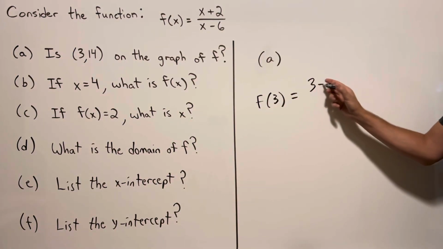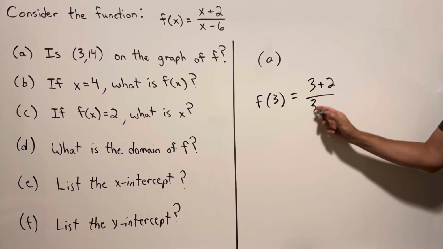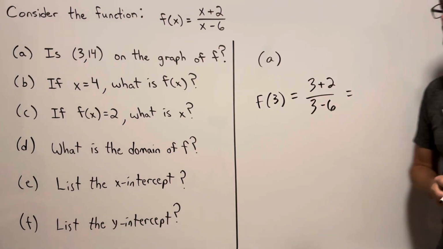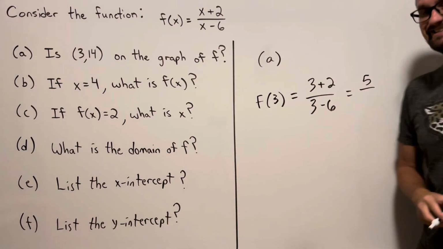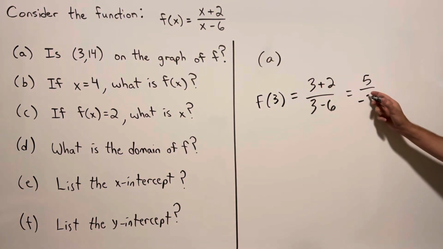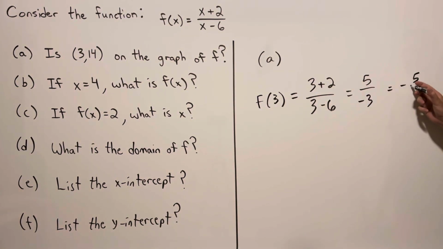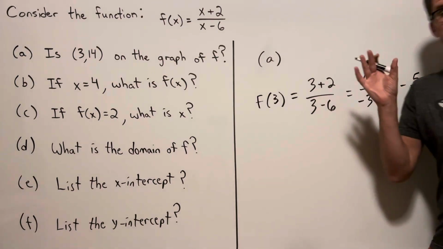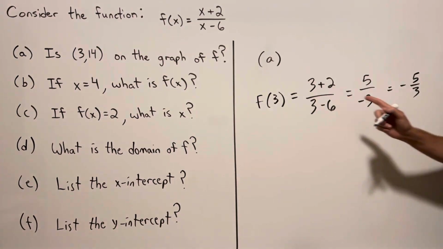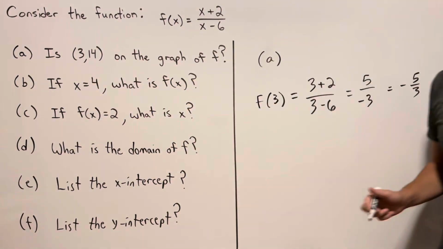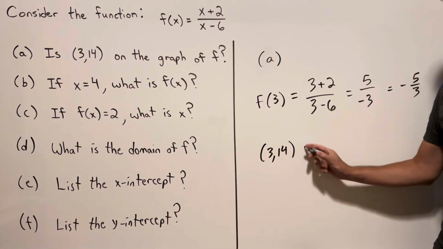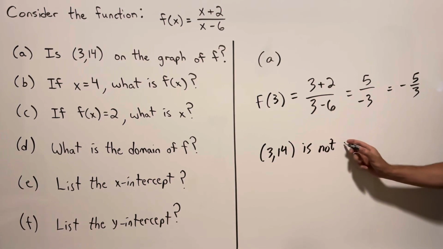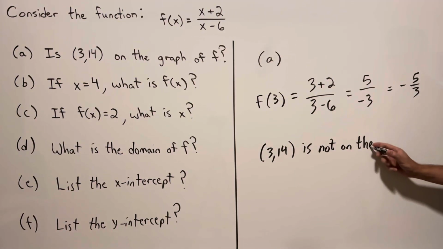So we have 3 plus 2 over 3 minus 6. Let's simplify this. 3 plus 2 is 5. 3 minus 6 is negative 3. So this is coming out to negative 5/3. We did not get 14. That means that 3, 14 there is not on the graph.